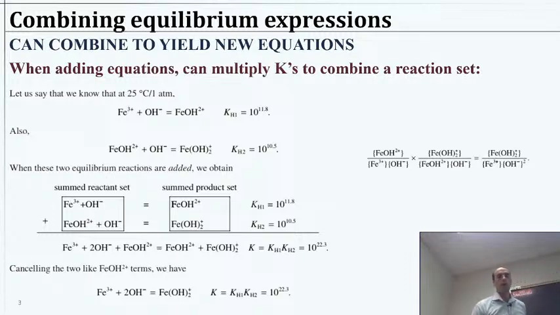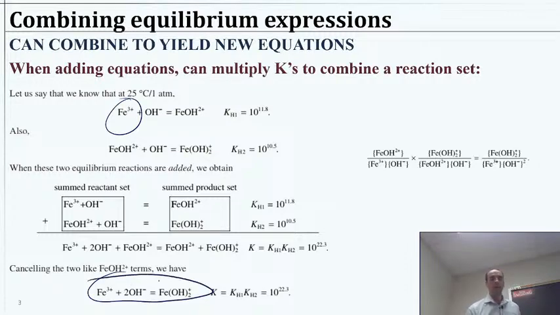So if we wanted to know something about Fe3+ and the FeOH2+, if we wanted to know something about those two combined into one simplified reaction that looks like this, that's when it becomes convenient to say, okay, the overall equilibrium, if we skip out the middle parts, looks like this, and we want to know the K for that overall system. That's why we do this.